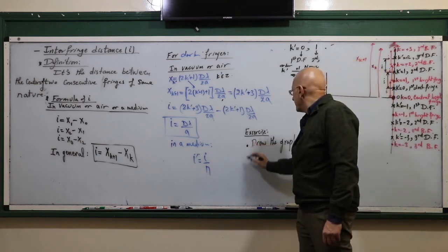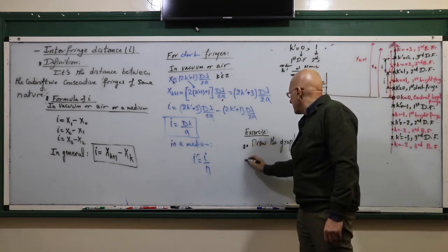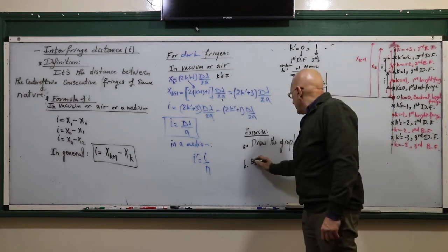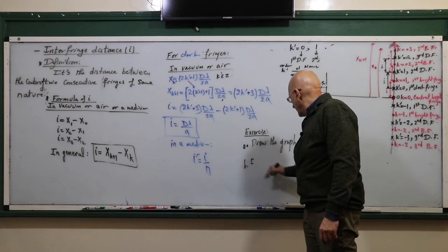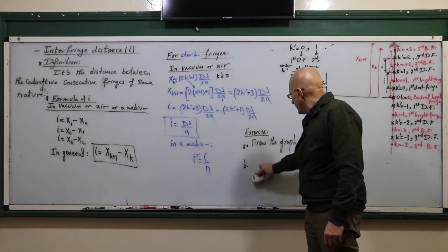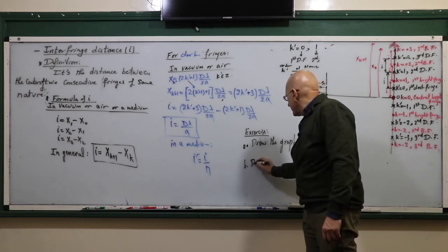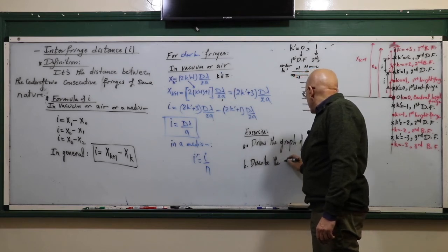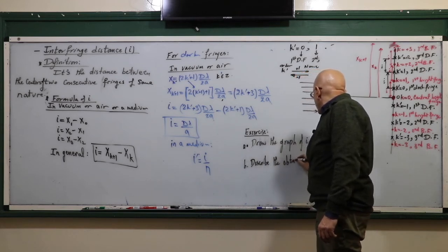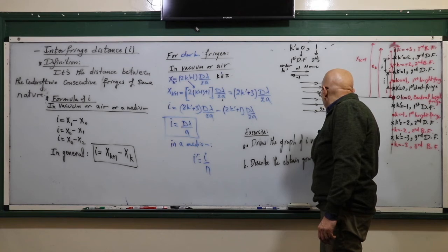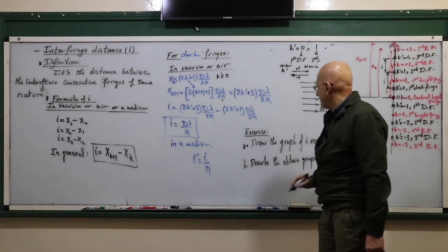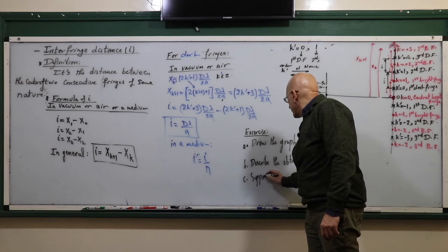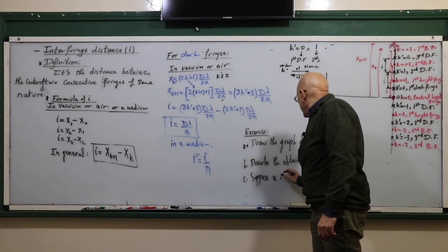B. Describe the obtained graph. C. Suppose a is given.